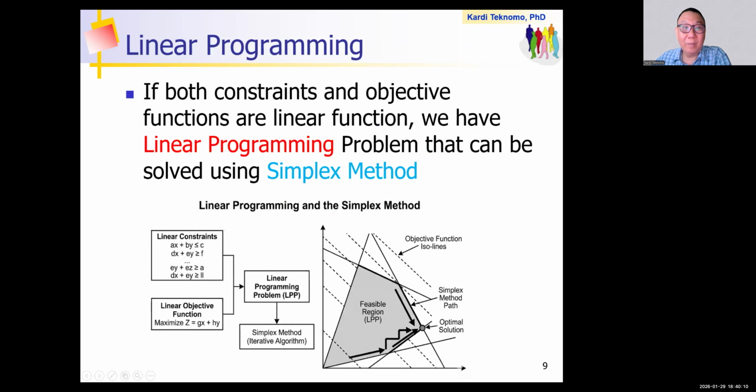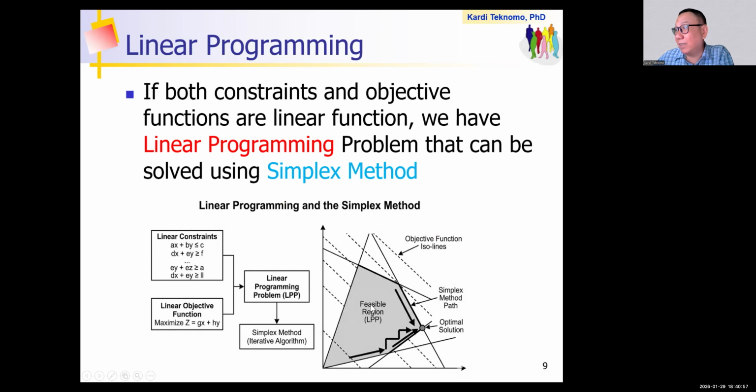So linear programming is something like this. You will have both a constraint and an objective function you put in, and the constraint must be linear and the objective must be linear also. When you put in both, the program will run an algorithm called the simplex method. This was invented in 1940 by Dantzig.